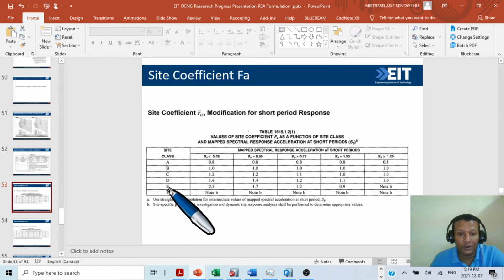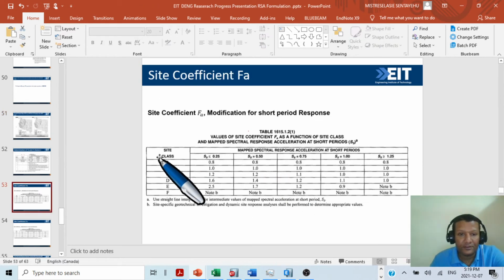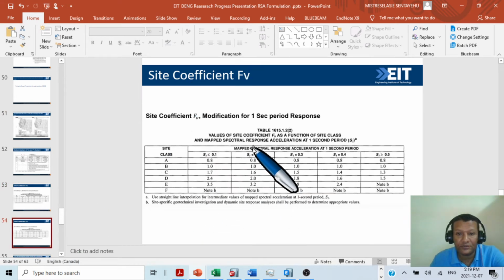Once we know our site class, this is the site coefficient FA, modification for short period responses. Once we know SS from the SS and S1 curve, if your position is here, then you will read SS. Then you know the site class, then you will know FA. The same thing is true if you know S1, then you know your site class, then you will read from here and find FV.